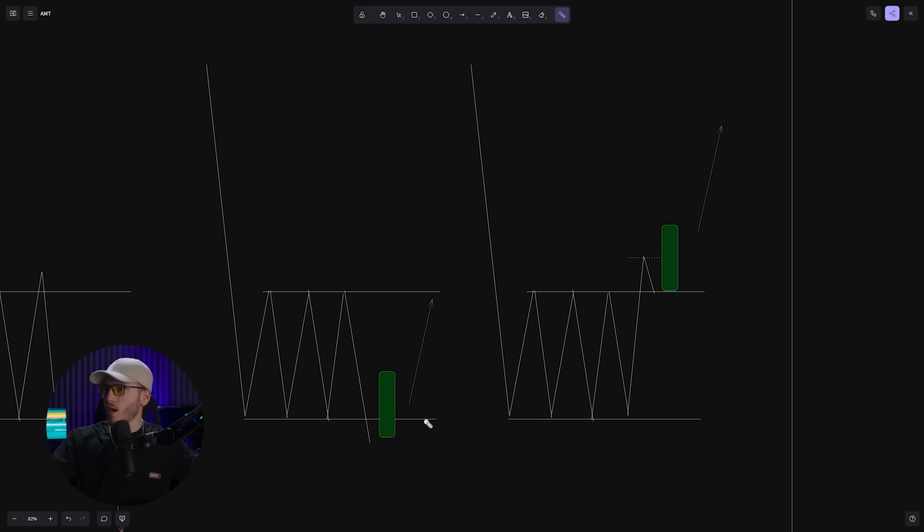The other ideas are, again, reversal type of setups where we want to take a failed auction to the downside where sellers keep selling this market to the downside up until the point where they break this level, but the same buyers that kept buying here, here, and here and took control of the auction might take control of the auction even more now that we are outside of a comfortable area where 70% of the volume is.